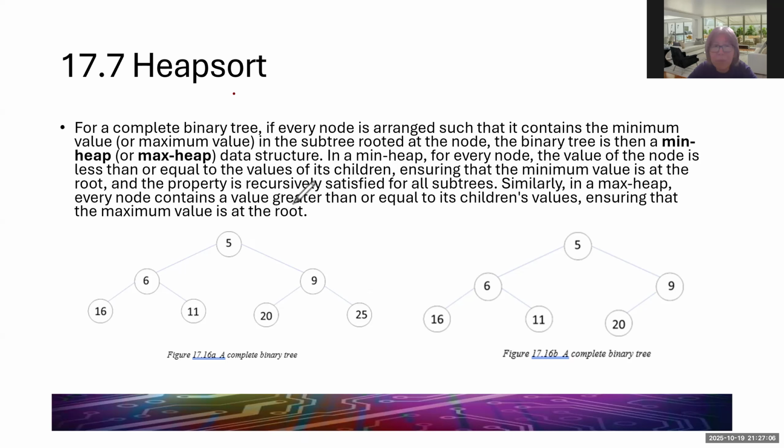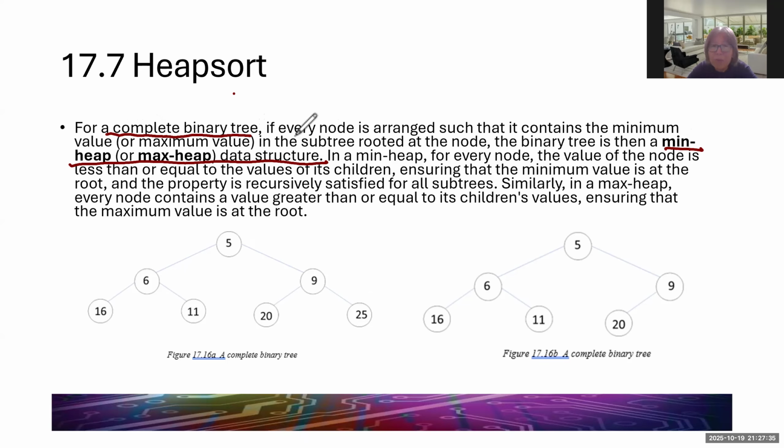These are a mini heap data structure and a maximum heap data structure, a new data structure. For a mini heap or maxi heap, the first requirement is that it must be a complete binary tree.